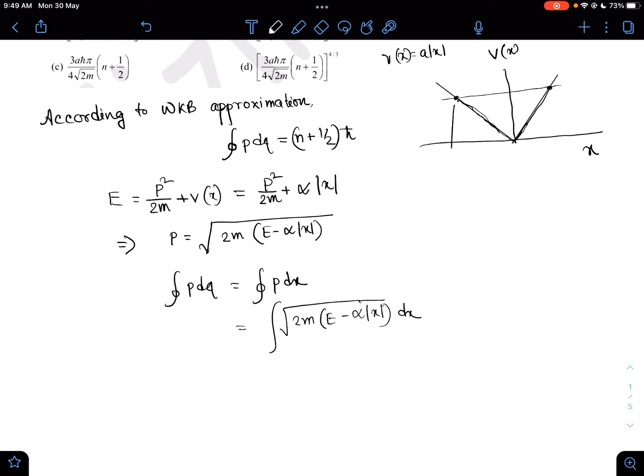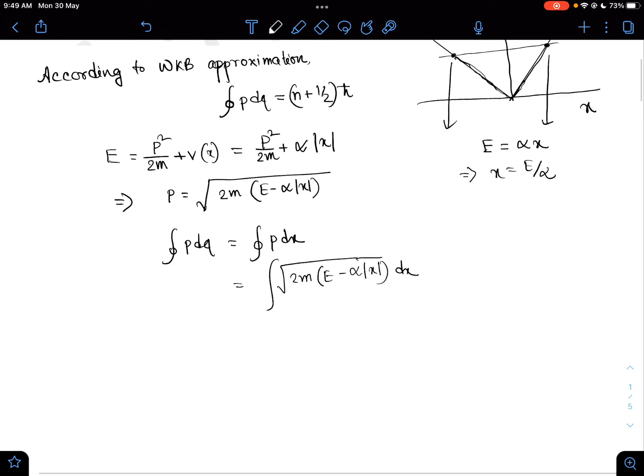At this point and this point we have E equal to alpha mod x, because at this point the potential energy is equal to the energy. So we will find the value of x to be E by alpha. So the integration limit is from minus E by alpha to plus E by alpha.